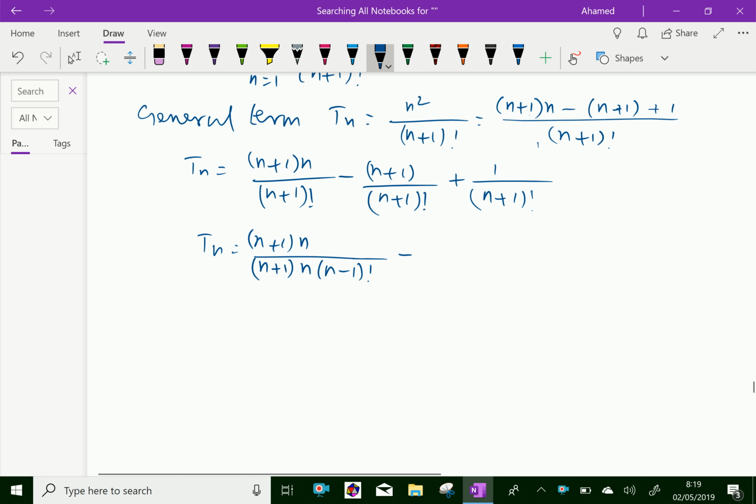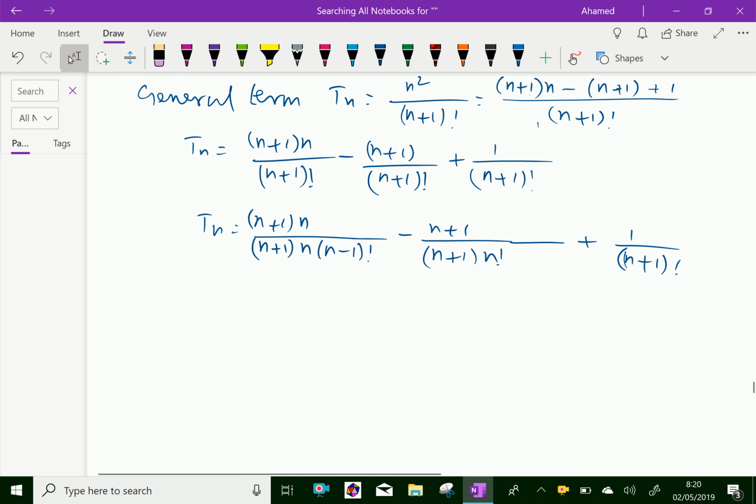In the second term, n plus 1 factorial can be written as n plus 1 into n factorial, then plus 1 over n plus 1 factorial.